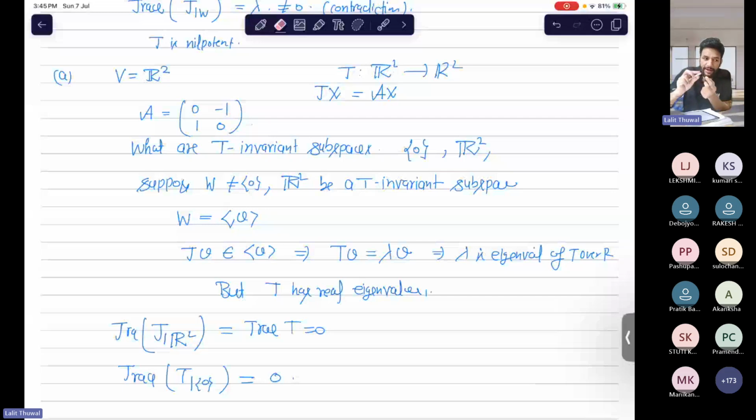And I create T in such a way that the trace is 0. So when T is restricted to the whole space, its trace is 0, and when restricted to the 0 space, its trace is 0. So overall, when T is restricted to all the T invariant subspaces, the trace is going to be 0, and T is not nilpotent, because eigenvalues lying outside R means they are non-zero. So T is not nilpotent.